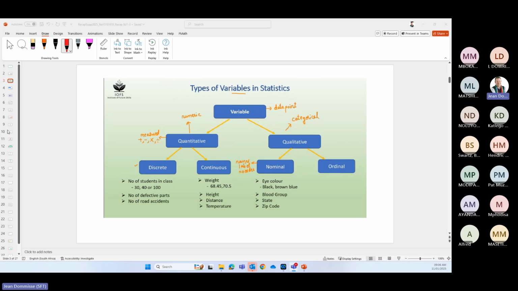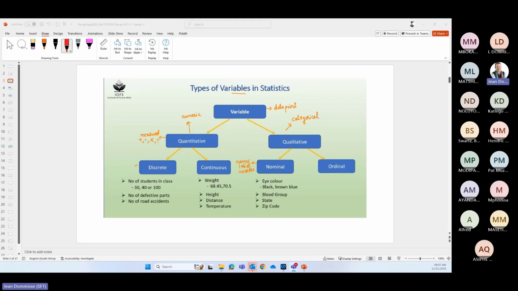So it is normally something like: in which province do you live? What is your eye color? What is the postal code? What bank are you with? What cell phone provider? Those are all nominal variables.